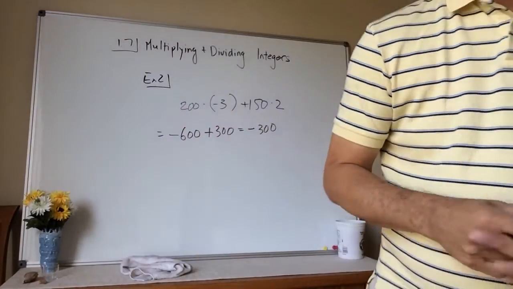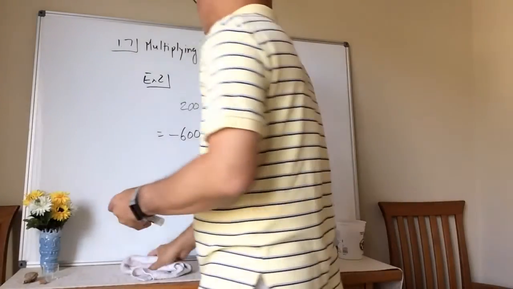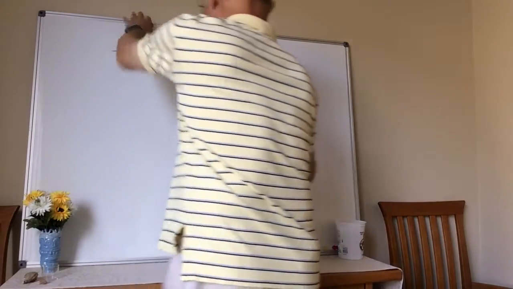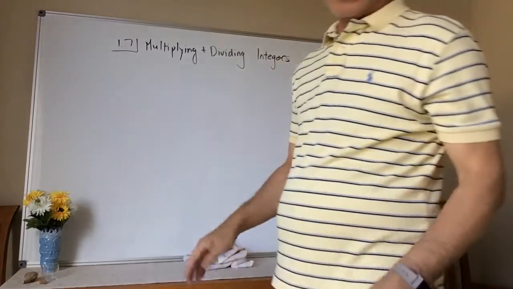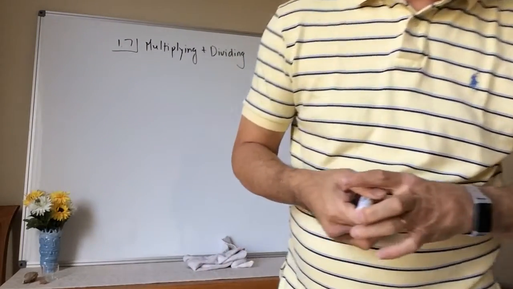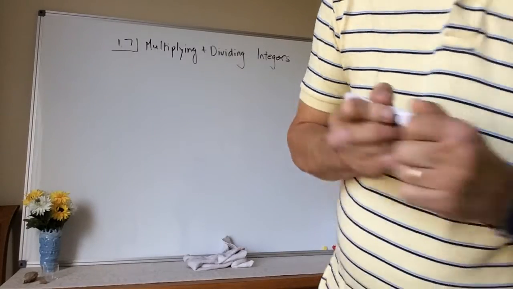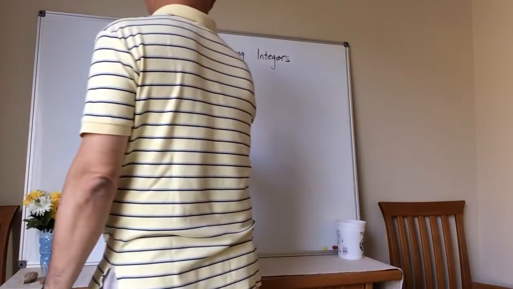Dividing is just the same concept. When you divide a negative number by a negative number, you get a positive number. If you divide a negative by a positive, or a positive by a negative, it's negative. So let's do example number 3.